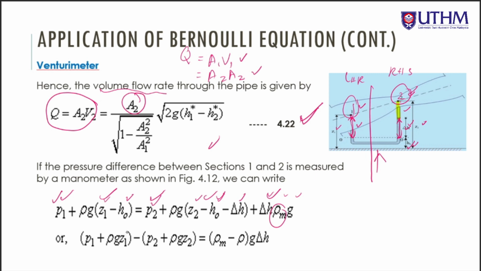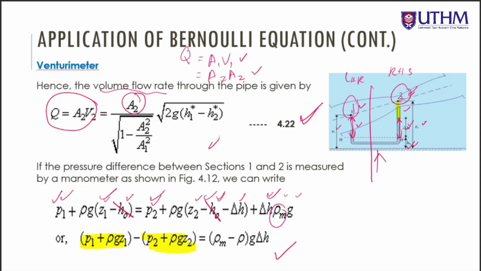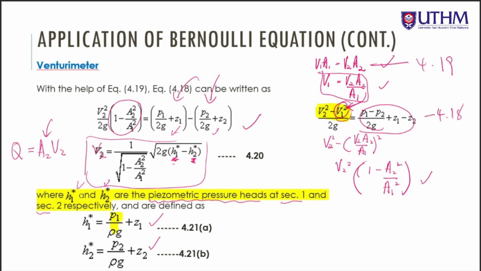Okay, so kalau kita tengok dekat sini, kita boleh cancel out this term because sama kiri kanan, and then kita rearrange, kita akan dapat something like this. Sebab apa dia nak dapatkan bentuk macam ni? Sebab kalau kita tengok benda ni ada kena-mengena dengan bentuk P2 over rho g dengan P1 over rho g.